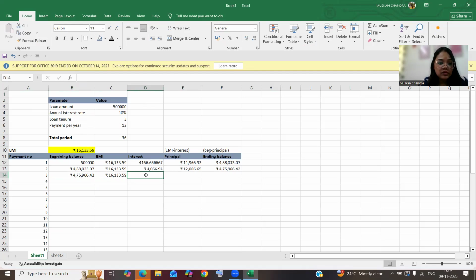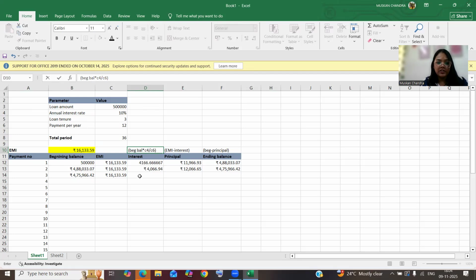Interest is beginning balance into C4 divided by C6.